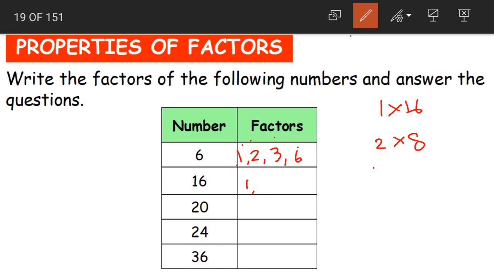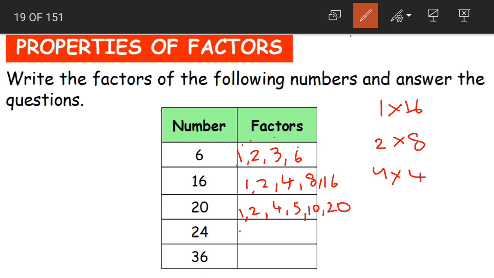That's it. And 4 4s are 16. Yes or no? So 1, 2, 4, 8 and 16 are the factors of 16. Now when it comes to 20, we have 1, 2, 4, 5, 10 and 20 as the factors of 20.